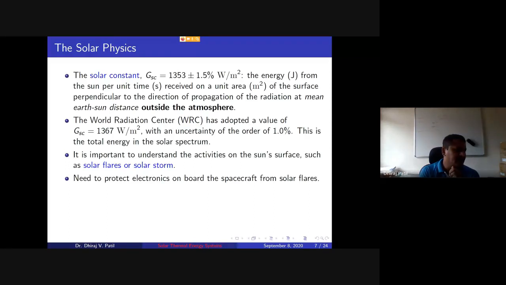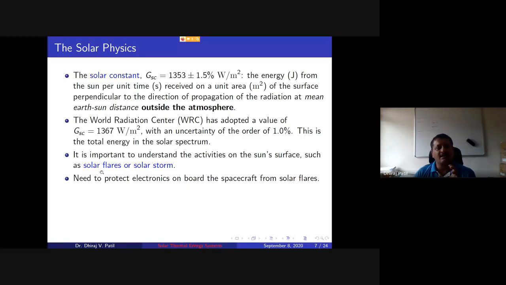These activities will vary the solar constant and affect, for example, the solar panels, and they might affect the atmosphere on the Earth's surface. But for solar thermal energy collection, we are not so bothered about these solar flares.